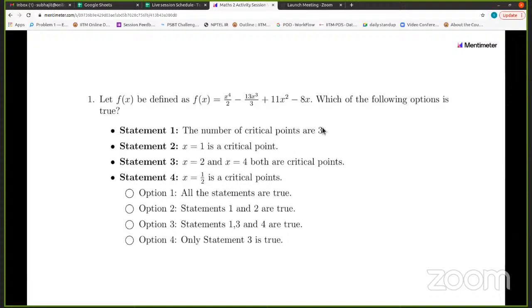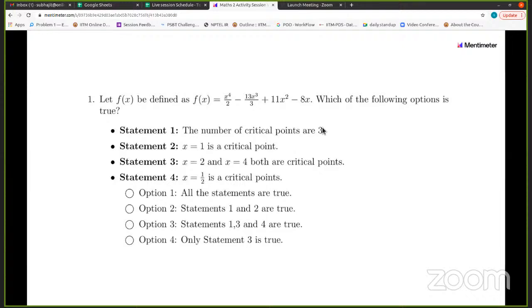Sir, sure. I calculated the first derivative first. Then I tried all these options: x equal to 1, x equal to 2, 4 and half. Except x equal to 1, for half, 2 and 4 the first derivative is 0, so they are critical points. According to that, option 3 is correct.